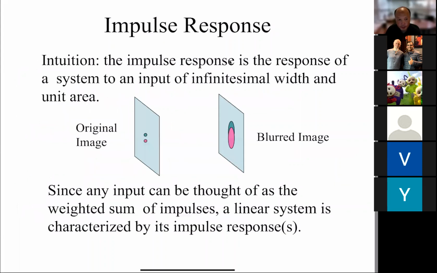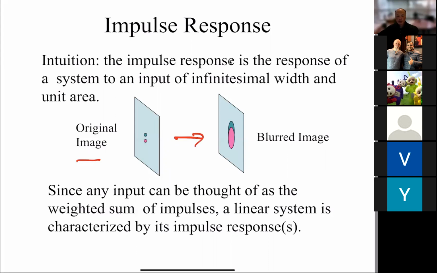So as Professor McVeigh talked about in the lecture, impulse response is a very important concept. Essentially, the impulse response is the way we characterize the system. We imagine having a very small point object that we want to image. In this case, there are two little point objects shown on the left, and we go through our imaging system and end up with these blurred images.